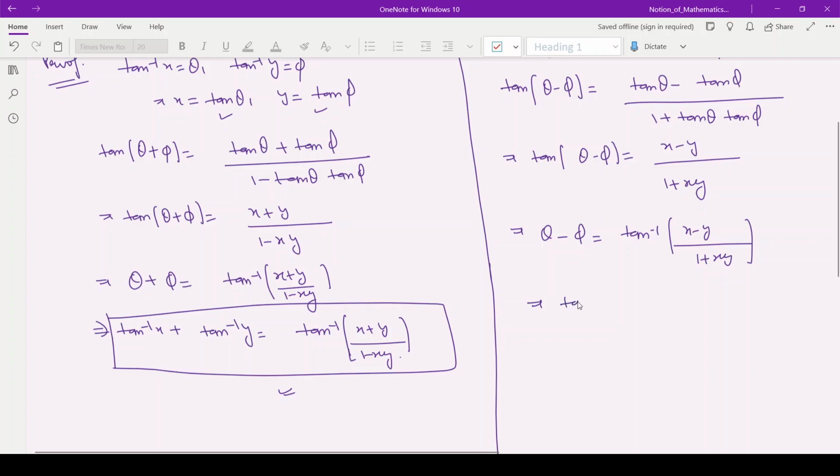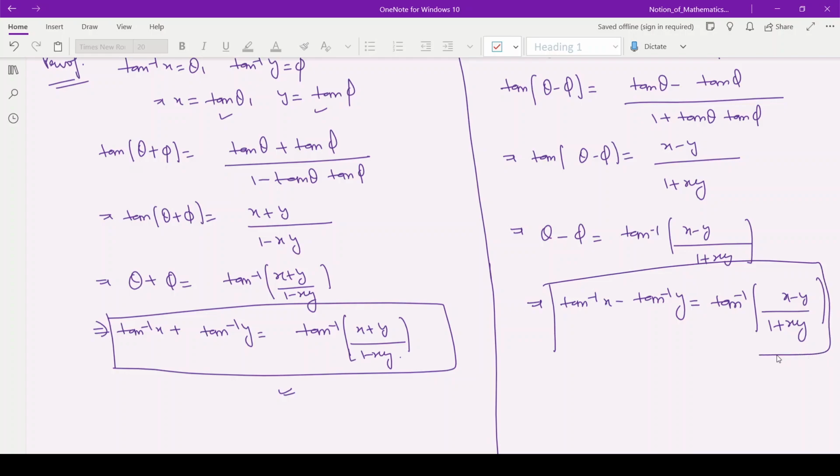Ultimately tan inverse x minus tan inverse y is tan inverse of (x minus y) upon (1 plus xy). So in such a way I have proved the second property as well.